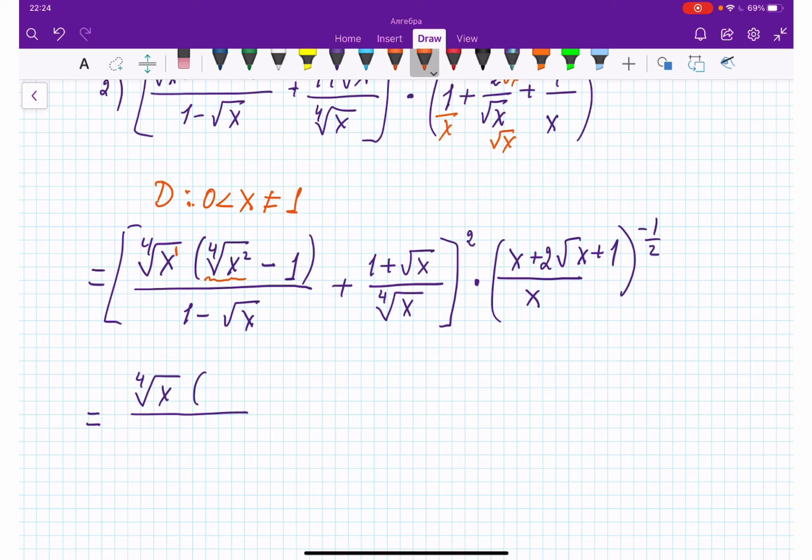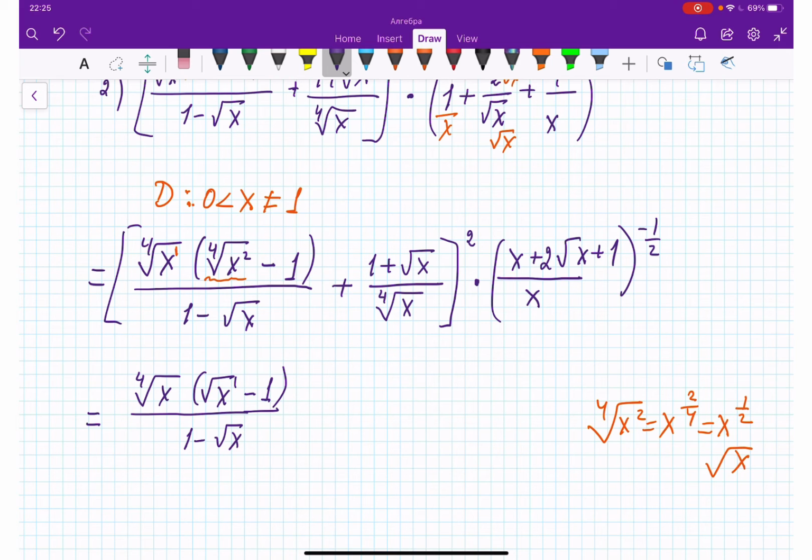It's the same thing as square root of x, right? It's equal to x to power 2 over 4, which is x to power 1/2. x to power 1/2 is square root of x. So we are getting here square root of x minus 1 over 1 minus square root of x.